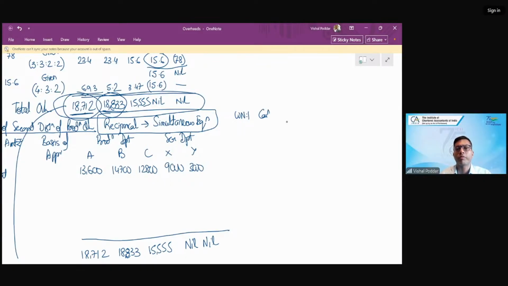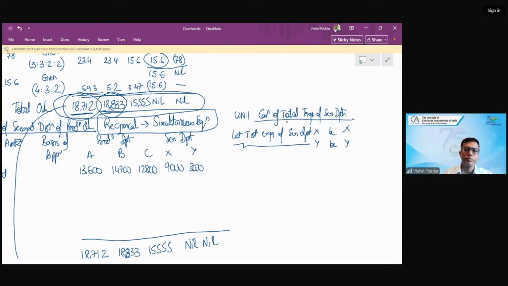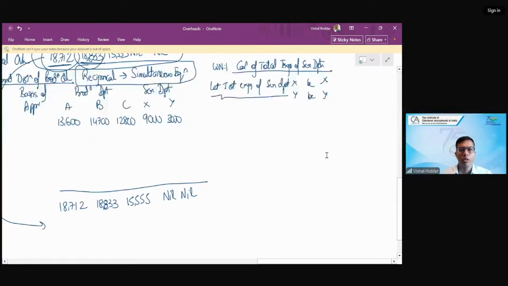Calculation of total expenses of service departments. So what is the total expense? Let the total expense of service department X be X. Let the total expense of service department Y be Y. Now, what is this total?